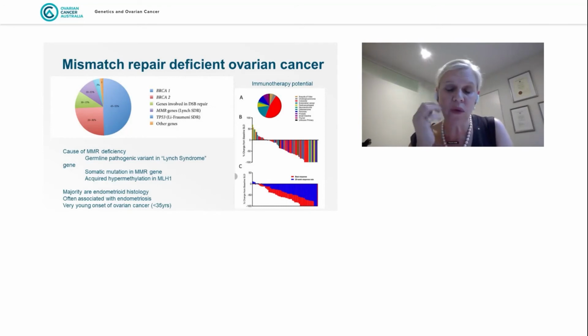So even though, as Marion said, the mismatch repair genes may be part of an ovarian cancer gene test, if an ovarian cancer relapses, it would be important to consider mismatch repair expression testing on the tumour to understand whether immune checkpoint inhibitor therapy may be an important treatment to consider in the setting of that relapsed ovarian cancer.